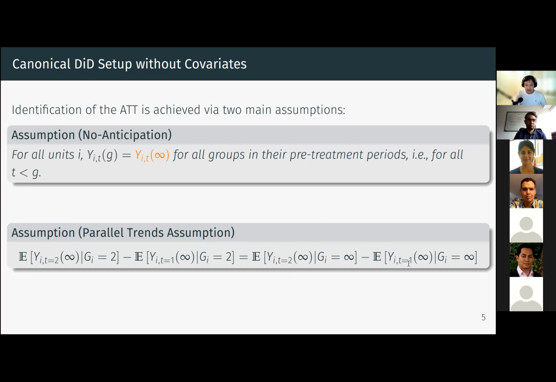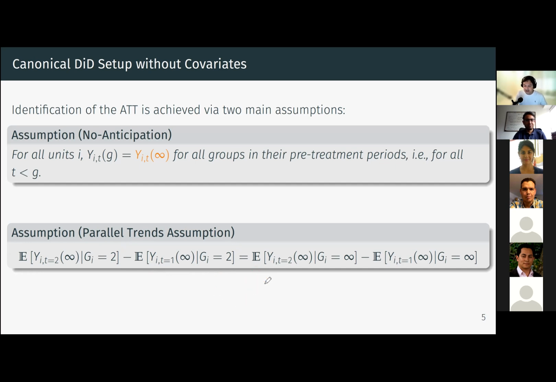Why is this assumption useful for us? Essentially, this is what we're trying to learn, right? The expected value of Y at time period 2 in the absence of treatment among treated units. So this is not recoverable from the data, right? So this is going to be the hard one. Let me put a spotlight on it. But I can manipulate, right? So I can get this guy on the other side and manipulate it.